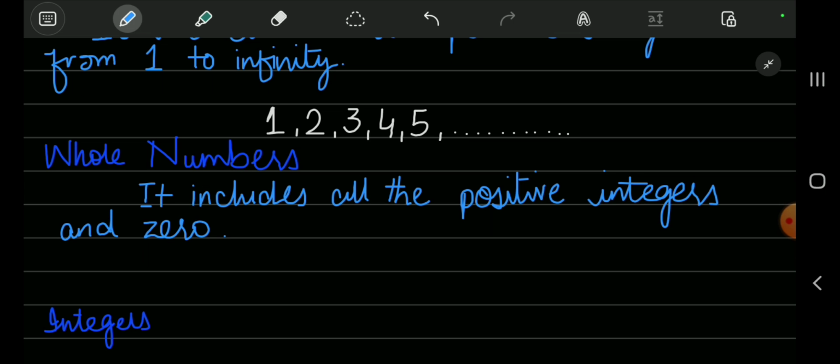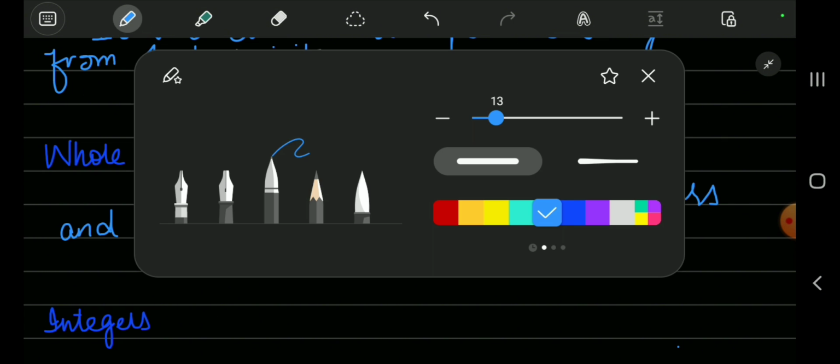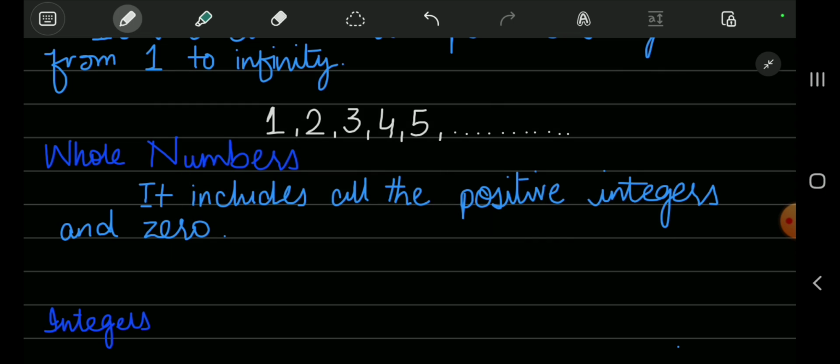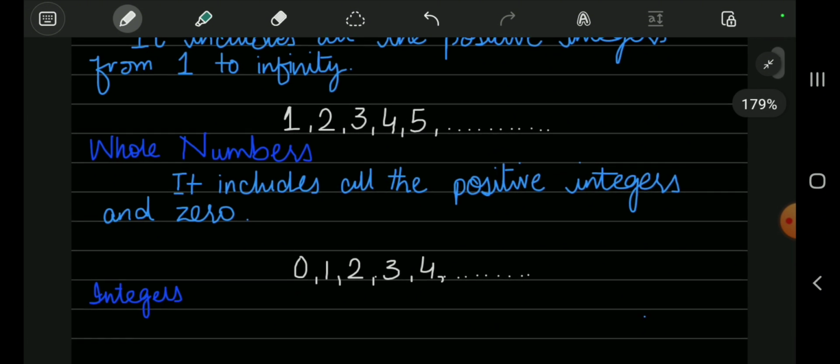So these are also integers, all the positive integers, but the difference between natural numbers and whole numbers is that whole numbers start from 0. So starting from 0, then 1, 2, 3, 4 and so on up to infinity, these are called the whole numbers.